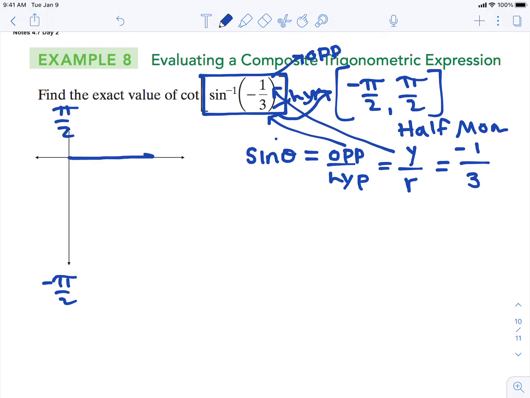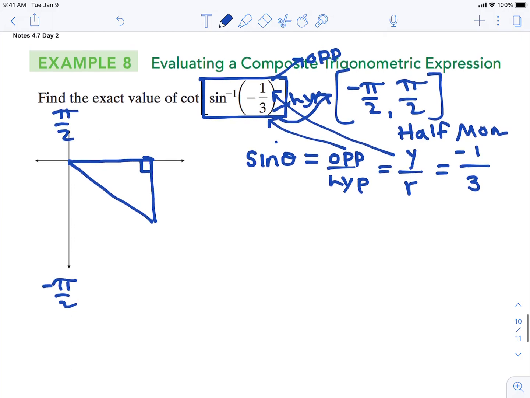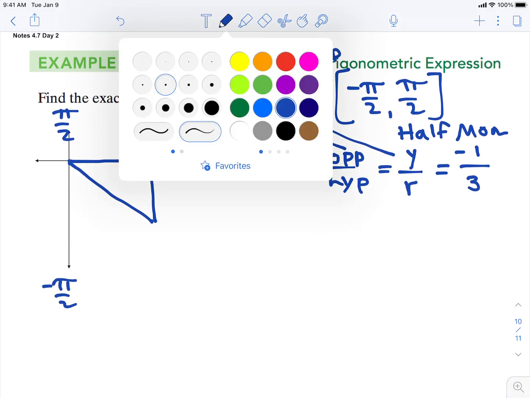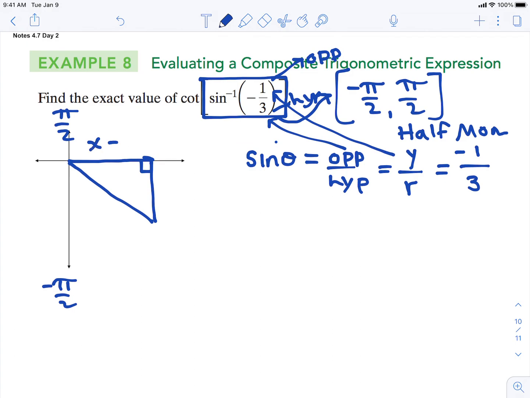So now let's go ahead and create our reference triangle. So here would be the start on the x-axis. I'm going to create our triangle. This is our x distance. There's our reference angle. This is side adjacent. This is our y distance, side opposite.